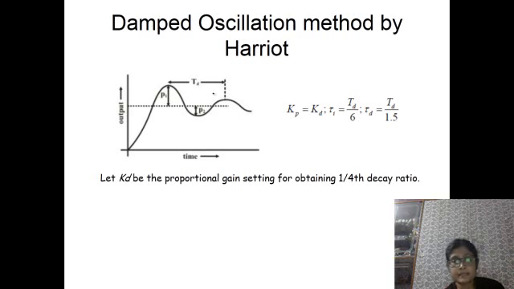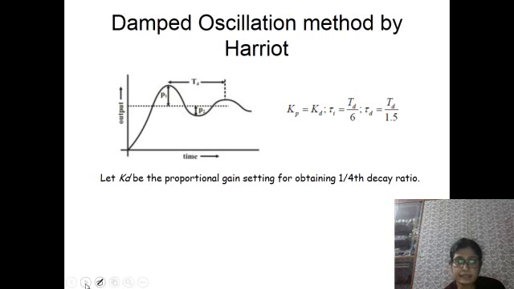Kp is Kd, the proportional gain setting for 1/4 decay ratio. Tau I, or Ti, that is the integral action time, is Td by 6, and tau d is Td by 1.5, where Td is the time period for the damped oscillation.